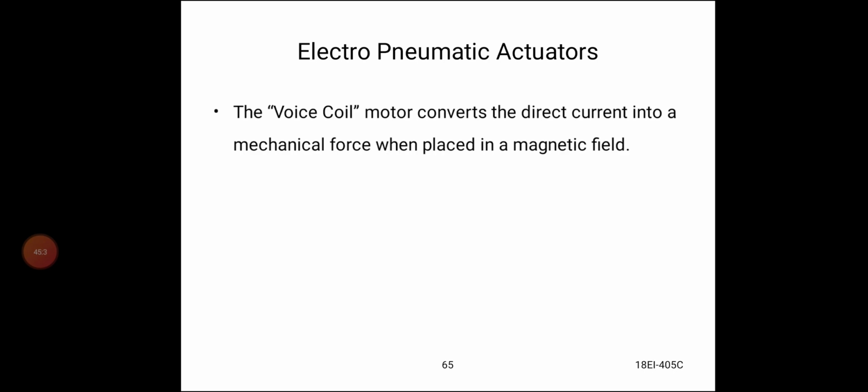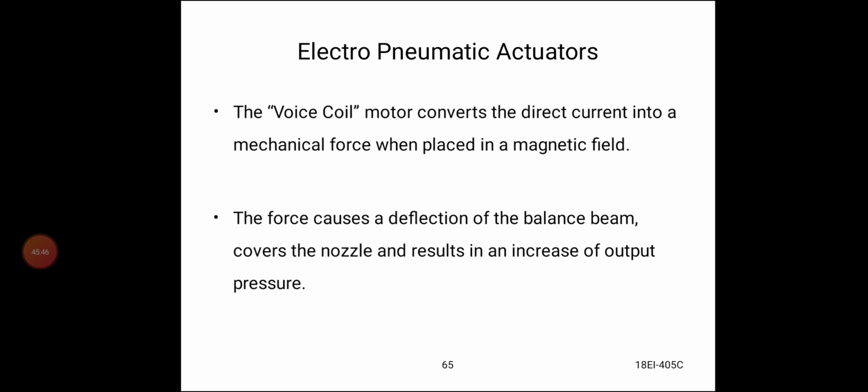In electro-pneumatic actuators, the voice coil motor converts the direct current into mechanical force when placed in the magnetic field. The force causes deflection of the balance beam, covers the nozzle, and results in an increase of the output pressure.